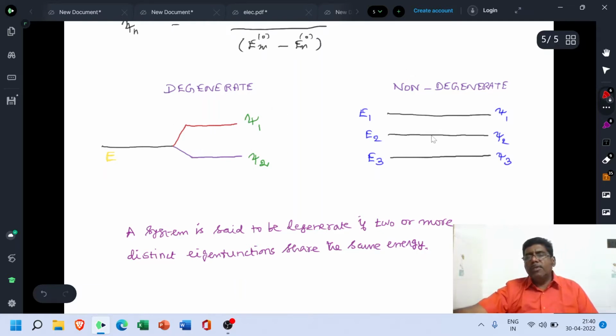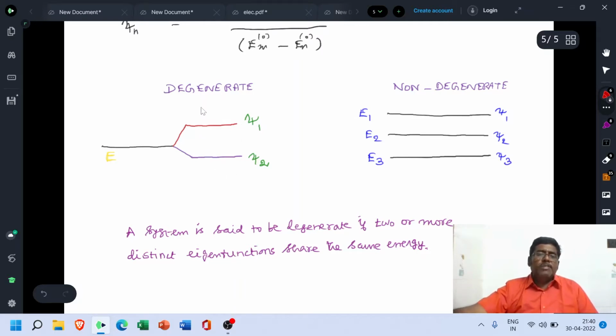But in a non-degenerate case, one energy level is shared by only one eigenfunction: E1 psi1, E2 psi2, E3 psi3. So the degeneracy is removed if you apply perturbation. The removal of degeneracy is possible with the help of perturbation.